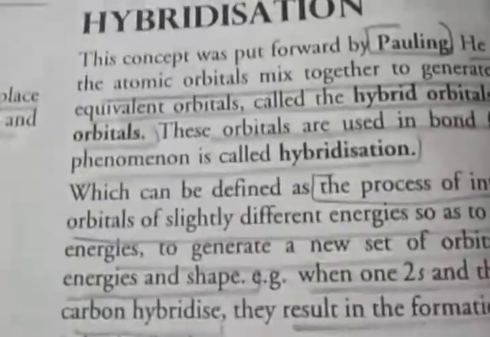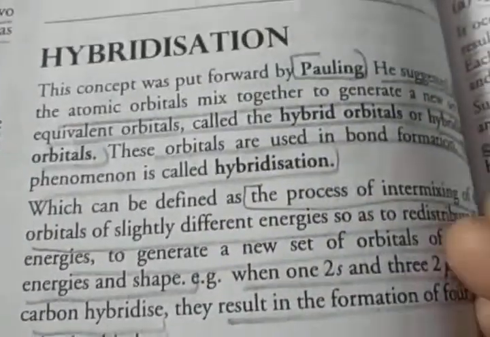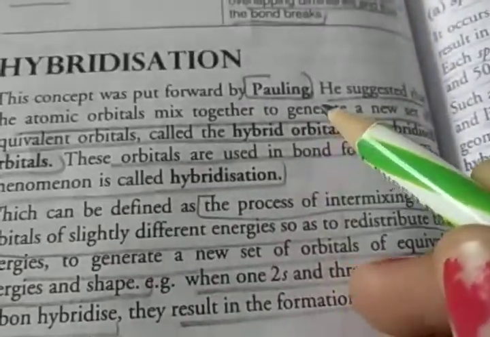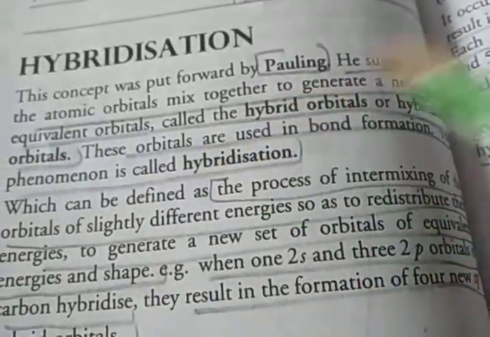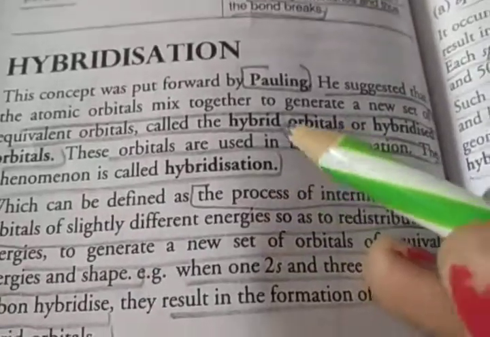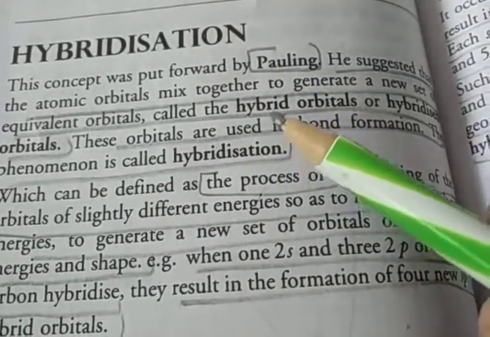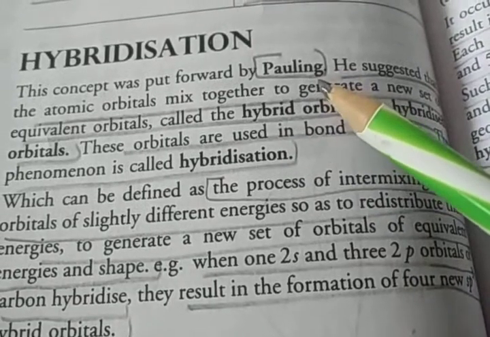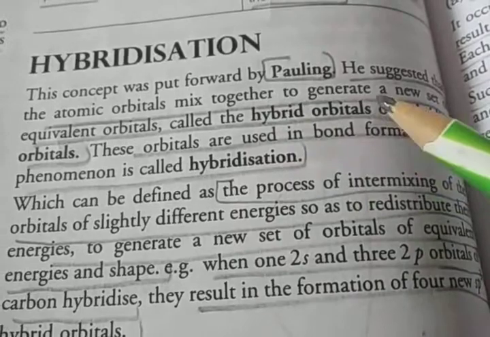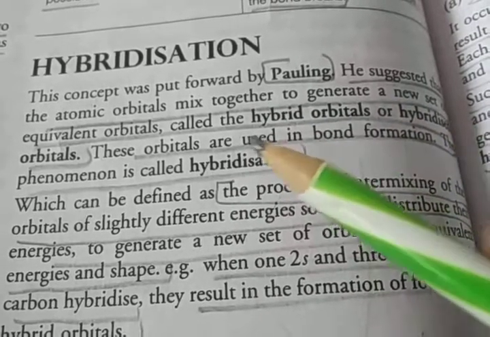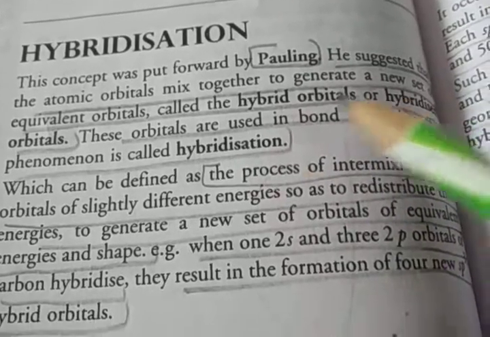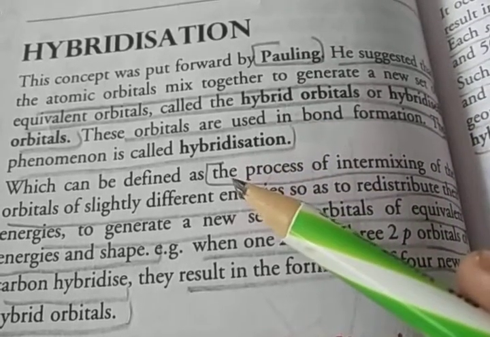Then next topic is hybridization. This concept was given by Pauling, and he suggested that atomic orbitals mix together to generate a new set of equivalent orbitals, which are called hybrid orbitals, otherwise hybridization orbitals.